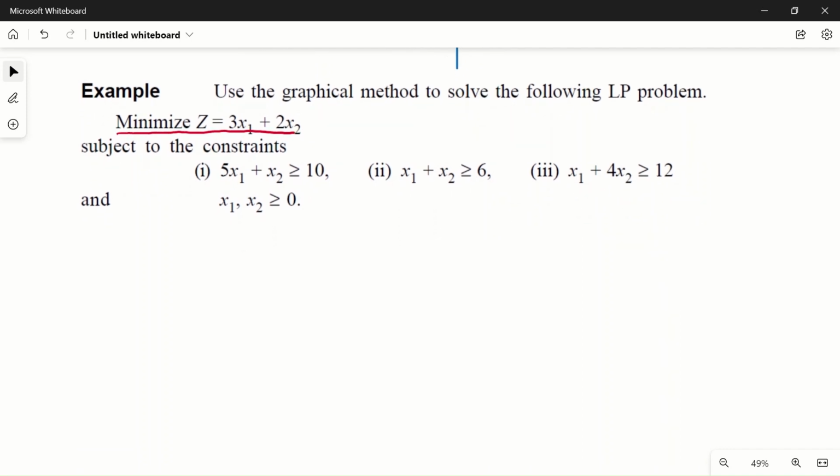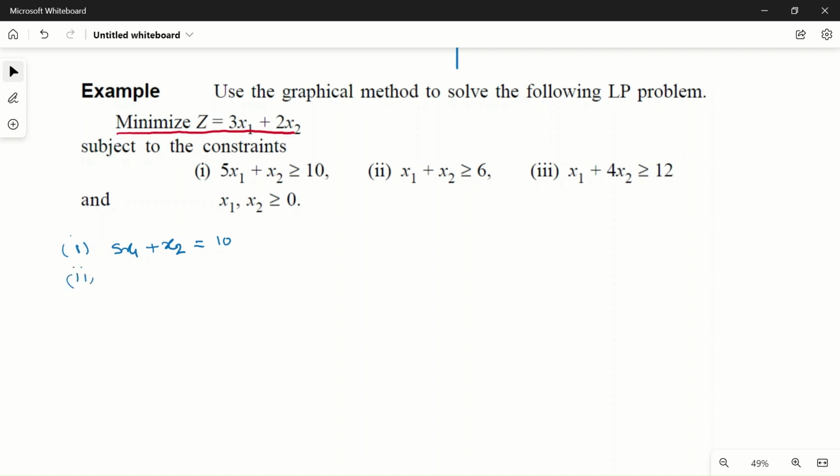First of all, we have various constraints. These are 5 constraints: 1, 2, 3, 4, 5. So first of all, we will write these in equality form. We will write our constraints like this: 5x1 plus x2 is equal to 10.